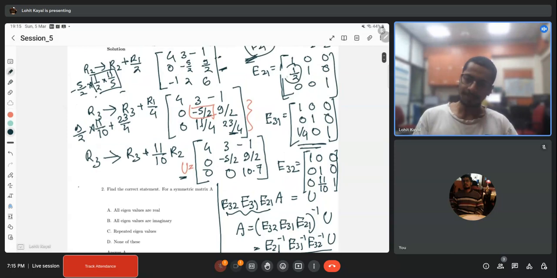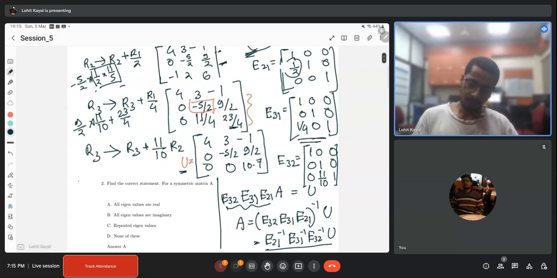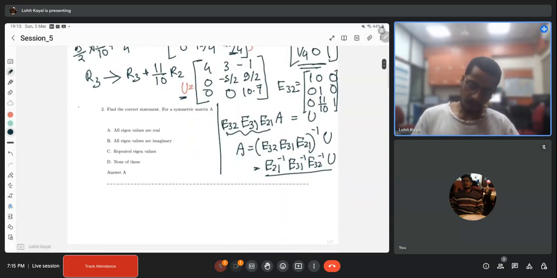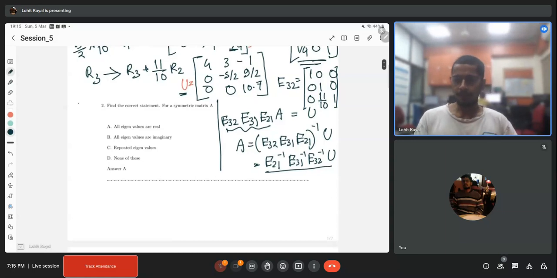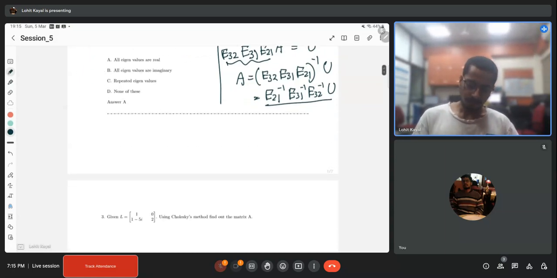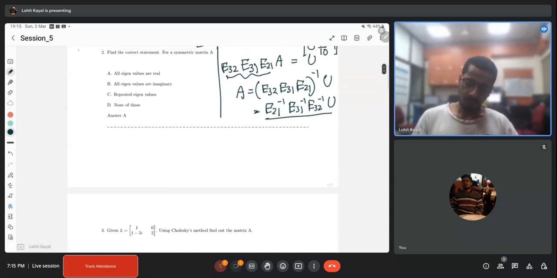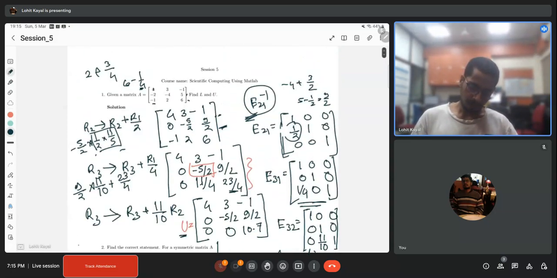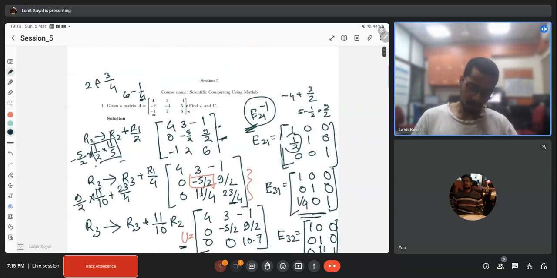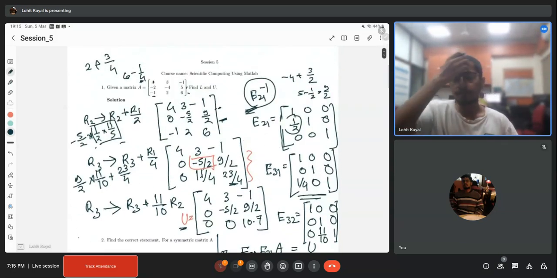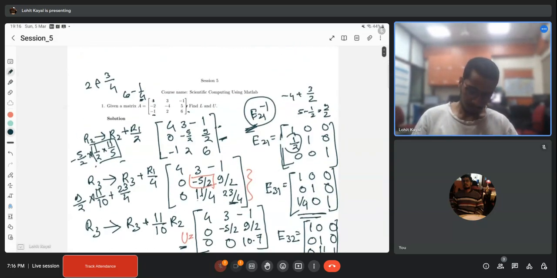E21 inverse will be just minus up over here, E31 will be minus 1 by 4 here, and E32 will be minus 11 by 10. So we know these values. Now you just need to do a simple multiplication, and in the result you will get L. Okay, so this is the technique to solve the LU decomposition using the Gaussian elimination technique.